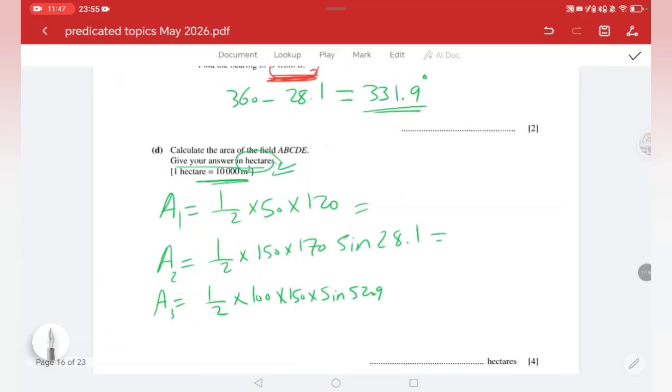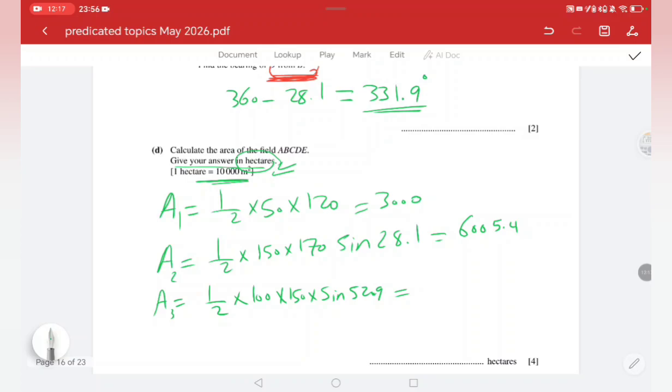Okay, let's calculate. The first one, 25 times 120, is 3,000. The second one is 1/2 times 150 times 170 sine 28.1, so this one is 6,005.4.